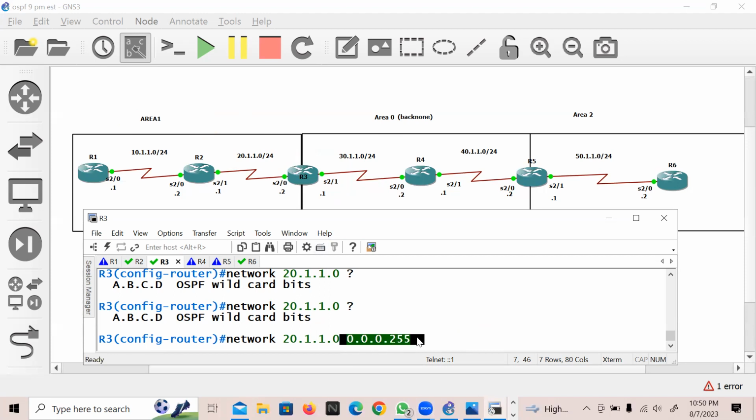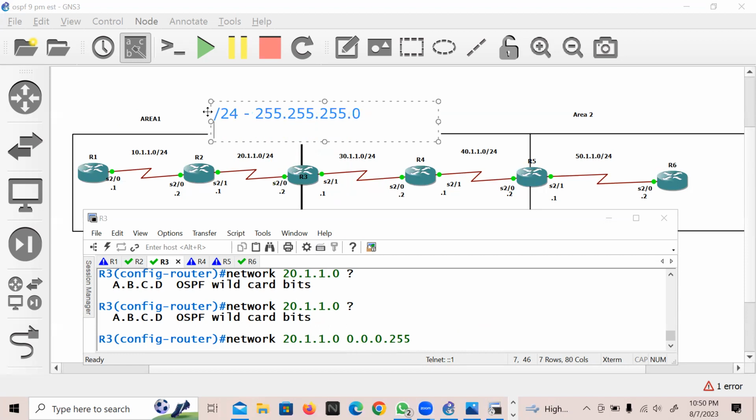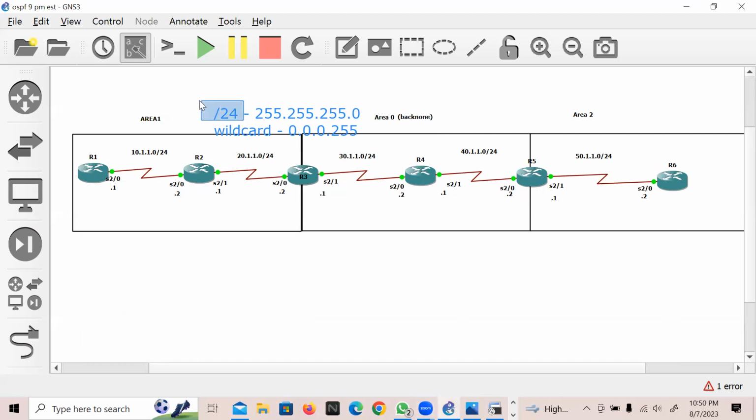What I mean by converting is that instead of 255 we convert it to 0, so 0.0.0.255. The slash 24 subnet mask is 255.255.255.0, but the wildcard mask is 0.0.0.255. Okay, now I understand. Yusuf was confused there, that's why I say it again. You have to explain that better.